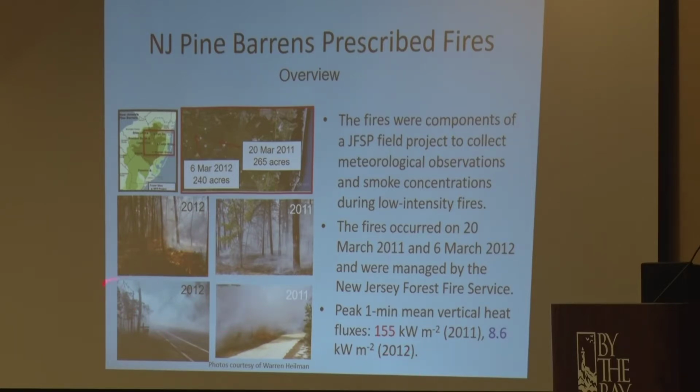These photographs on the left side of the slide illustrate what the smoke plumes looked like in these 2 cases. These were mixed scrub oak and pitch pine forests, and it was almost entirely surface fire. There was very little crowning.